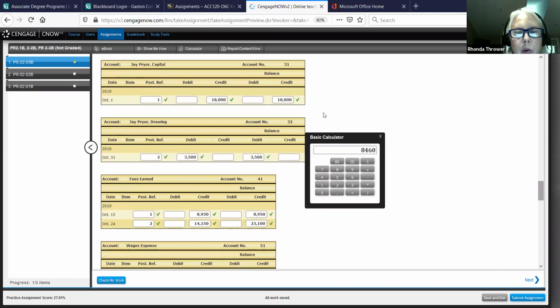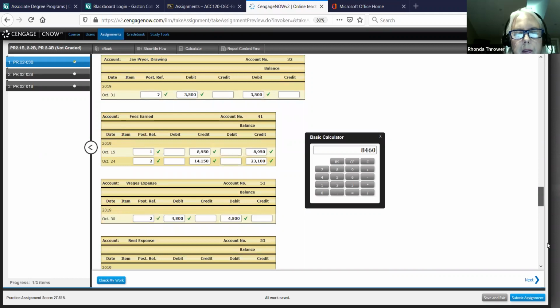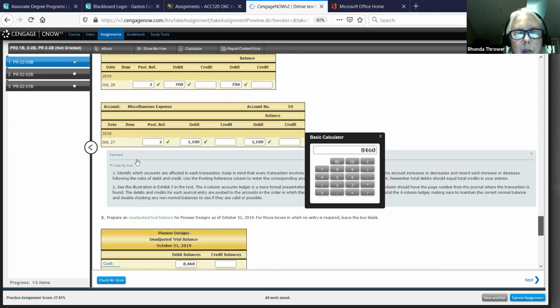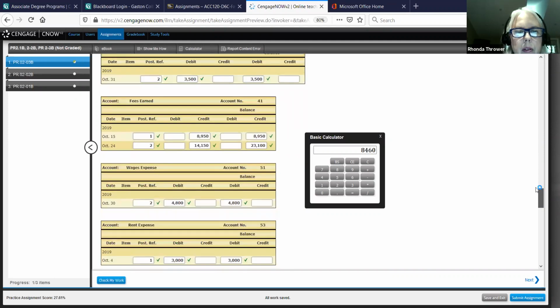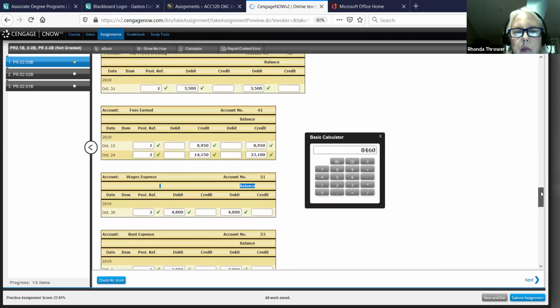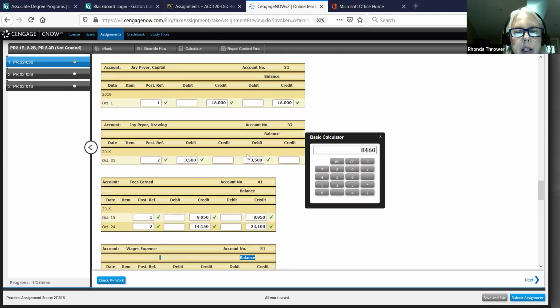Capital has a credit balance of $18,000. Then your next account is drawing. Drawing has a debit balance of $3,500.